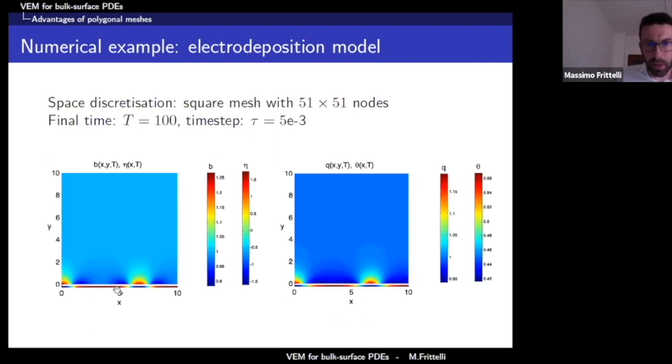The red area is where the electrode is growing in the normal direction. The blue portion of the line is where the electrode is being corroded. In the bulk, the red area is where the concentration of the active species is higher. So we have this kind of compensation between the surface growth and concentration in the fluid.